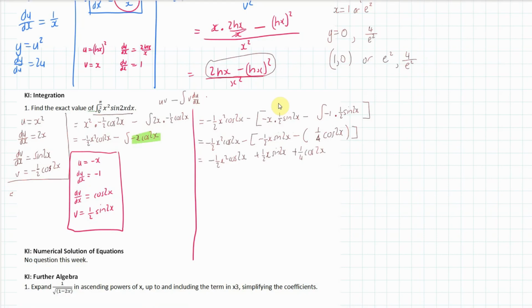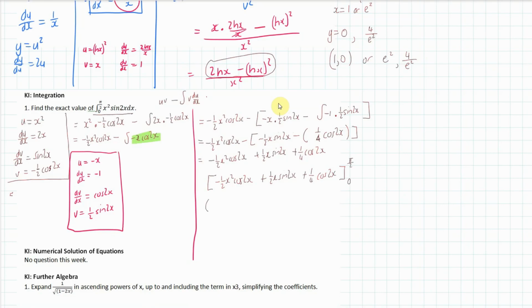Now, we're finding the exact value, so we can put the whole thing in: minus 1/2 x squared cos 2x plus 1/2 x sine 2x plus 1/4 cos 2x, and then we're putting in our values between 0 and pi over 2. Okay, so what does this give us?